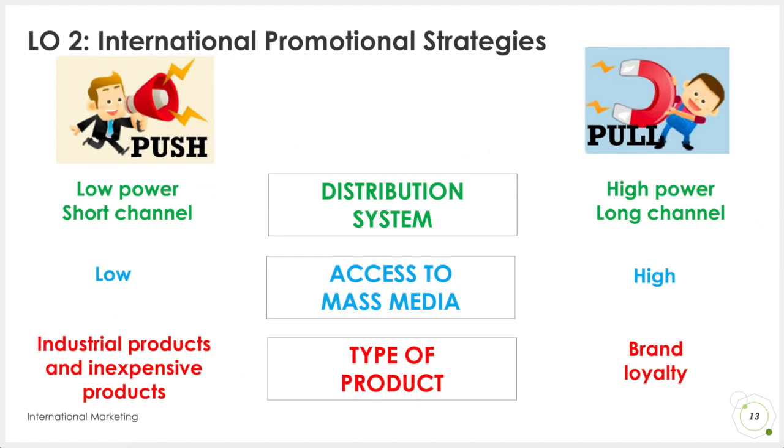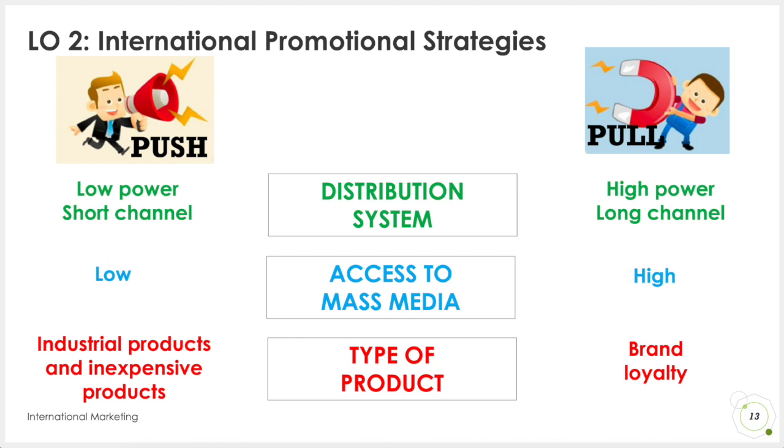Whether the push or pull strategy is most appropriate in a given marketing environment depends on several factors, which are distribution system, access to mass media, and types of product. For distribution system, implementing a push strategy can be difficult when distribution channel members such as distributors and retailers wield a great deal of power relative to that of the producer.